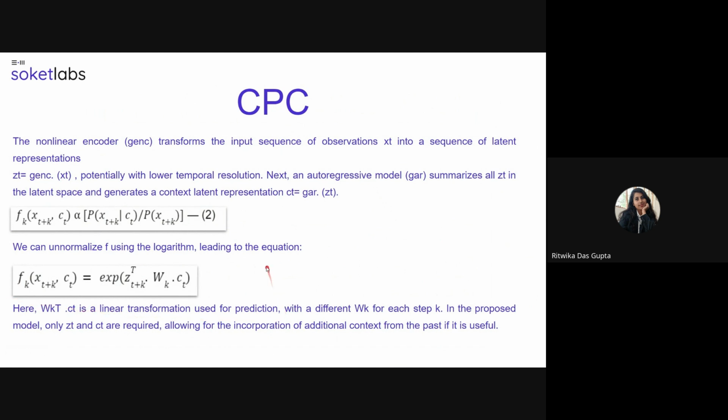When we normalize this, we get this particular equation where W_k transpose is the contextual term, a linear transformation used for prediction, and the major terms are z_t, which is the latent representation, and c_t, which is the latent representation for times less than t. These two representations incorporate all the additional information from the past, which is useful for prediction.